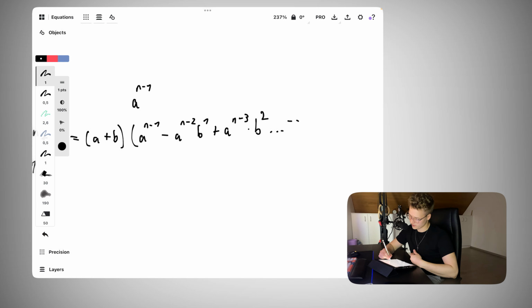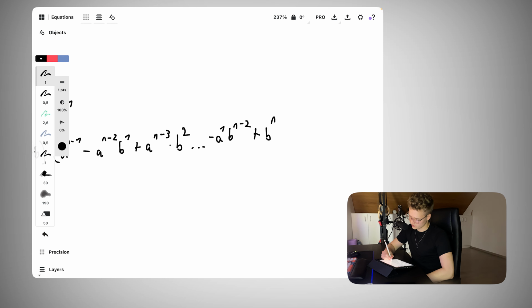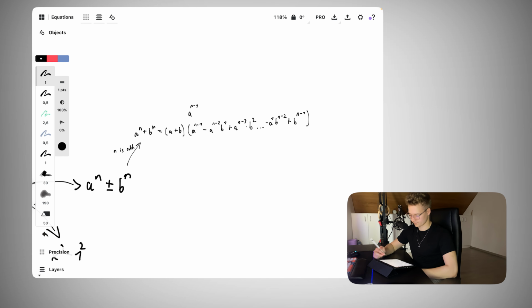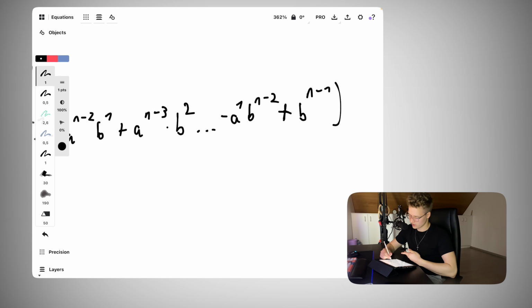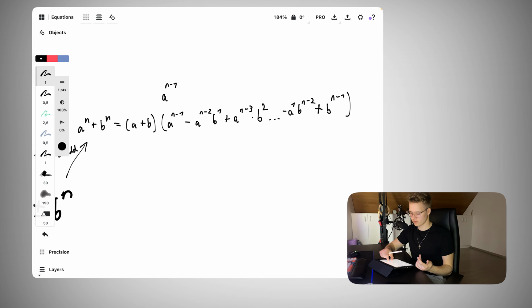Eventually you get to minus a to the power of 1 and b to the power of n minus 2 plus b to the power of n minus 1. That's how the formula goes. And it's always going to be like this, because the last term, b to the power of n minus 1, has to be positive.